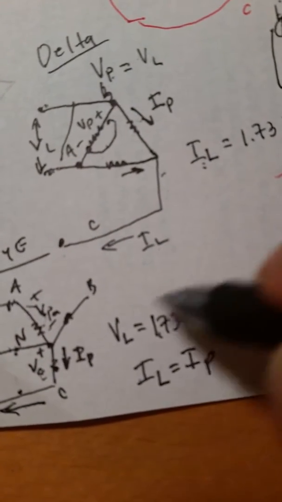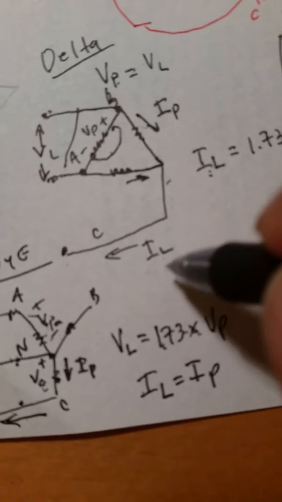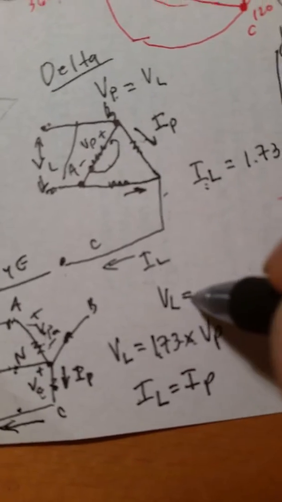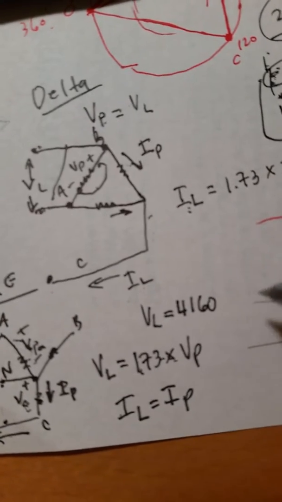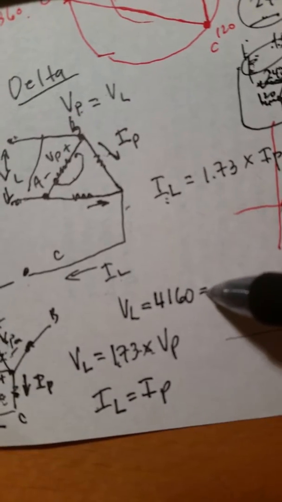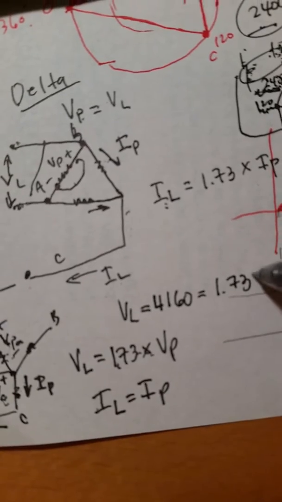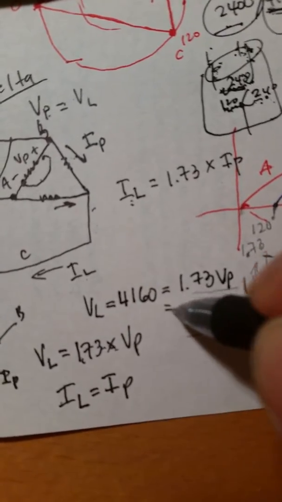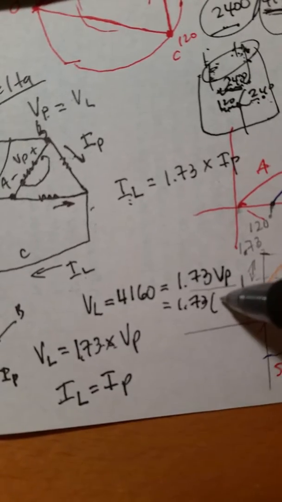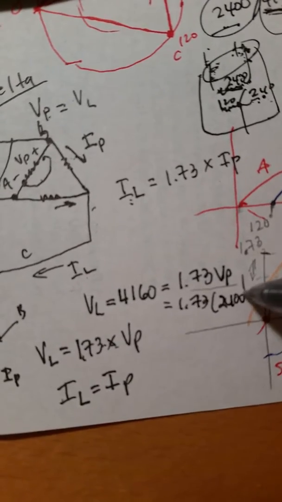So your line voltage right here is 4160, but your phase voltage, this thing, is 2400.